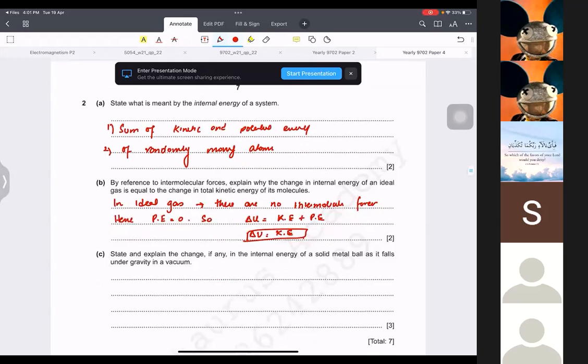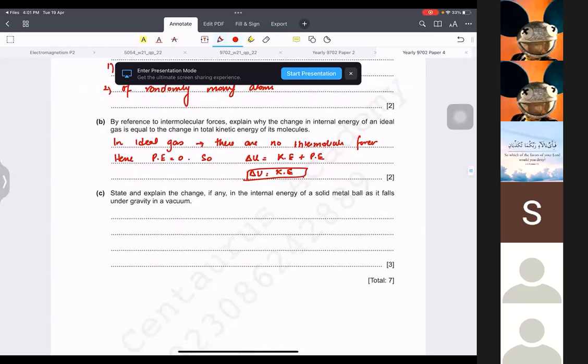Now, state and explain change of internal energy of solid ball as it falls under gravity in vacuum. So there's a solid ball which is falling. Internal energy of, so potential energy तो इसकी change नहीं हो रही है.